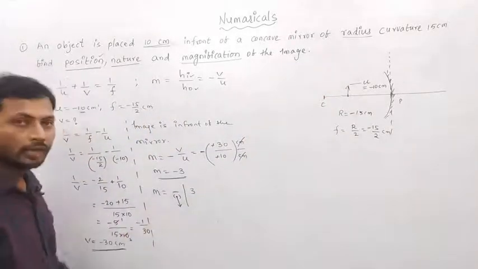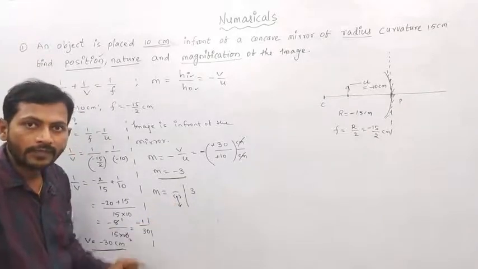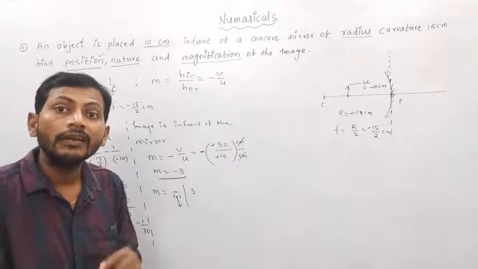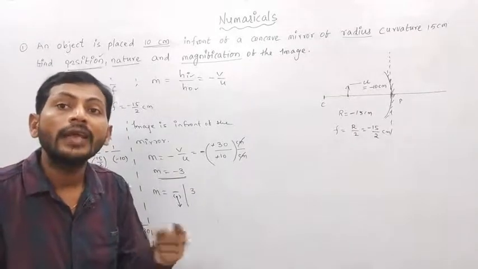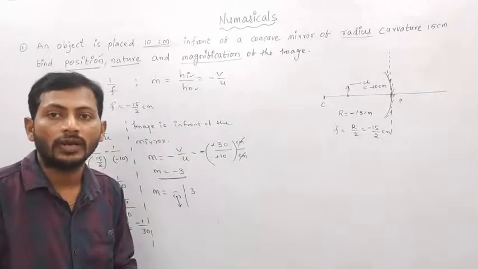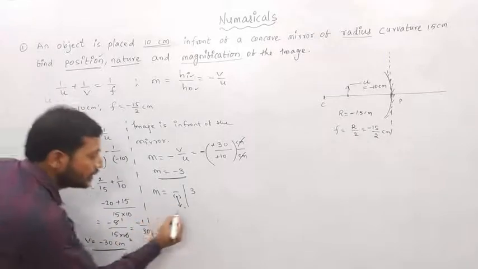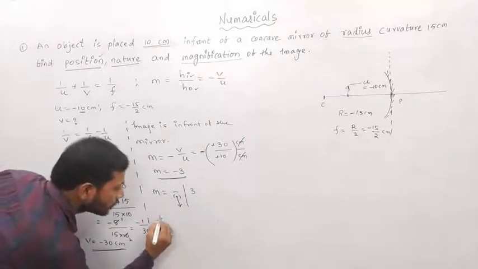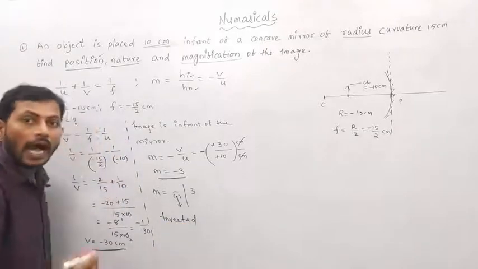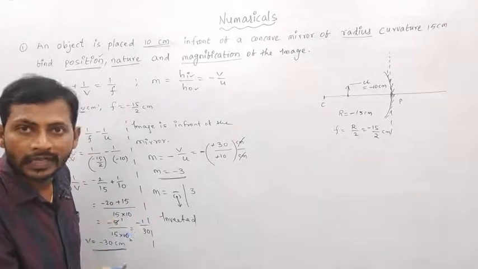Now please tell me, if magnification is given as minus, then what is the nature? Nature means inverted or erect, real or virtual. Since the minus is given, I am writing this image is inverted. We already know the differences between real image and virtual image.